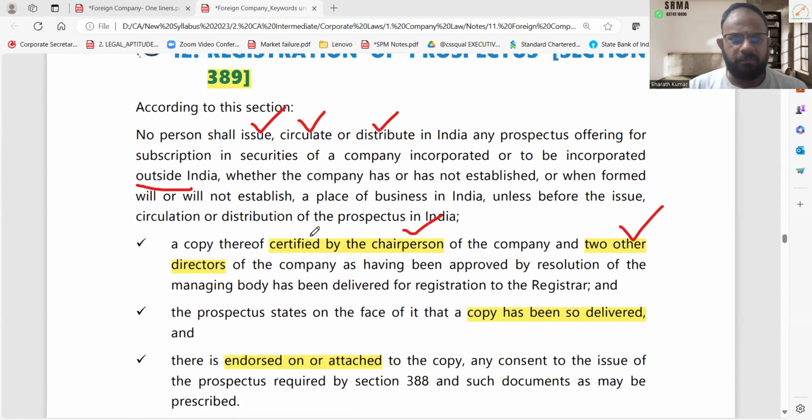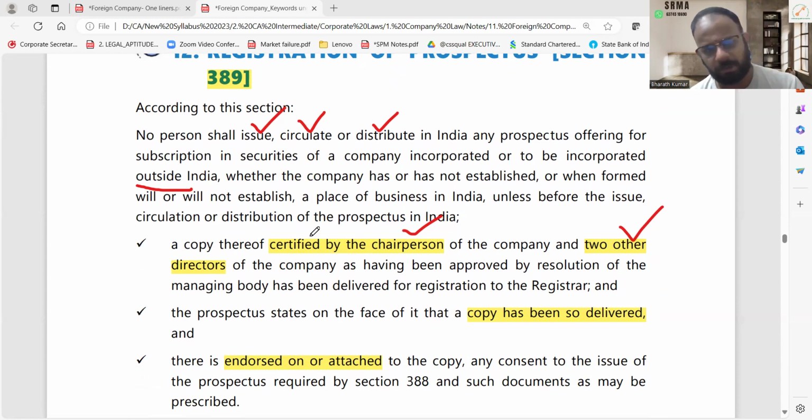but they will also add some more points, saying no person shall issue, circulate or distribute in India any prospectus offering for subscription securities of a company incorporated inside India or outside India.